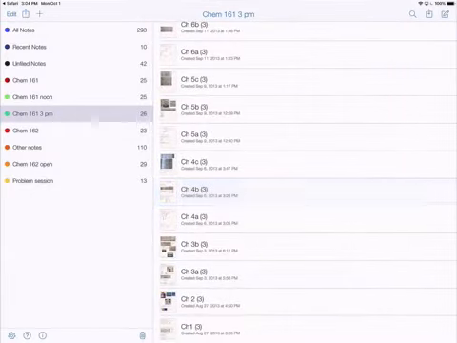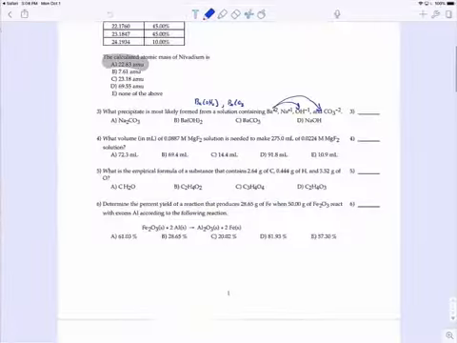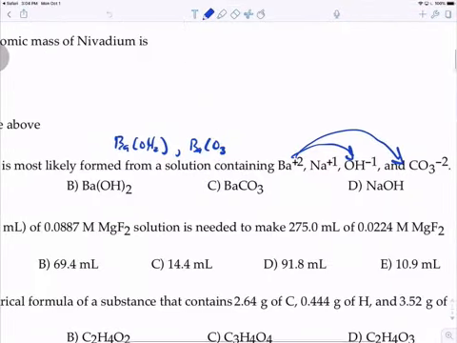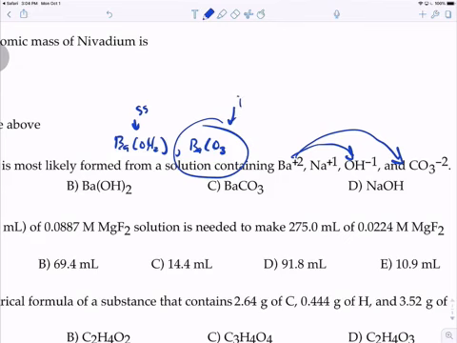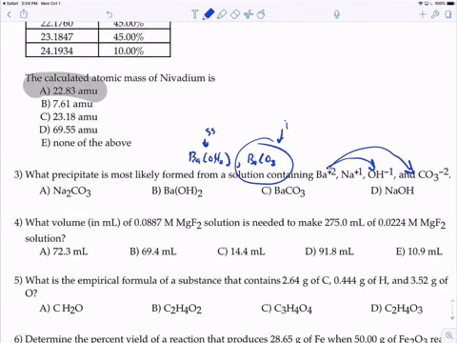So because of that, the most insoluble one is the carbonate. Because remember, this is slightly soluble, and this is definitely insoluble. So the most likely formed, barium hydroxide will probably also form, but it'll be mostly barium carbonate. Questions with that one? Again, you get the chart.